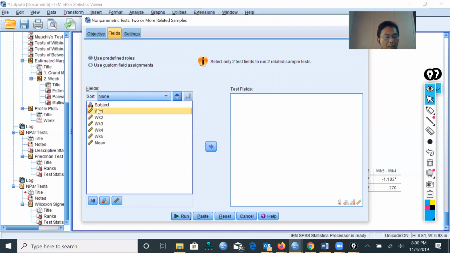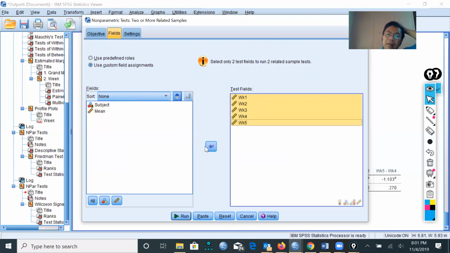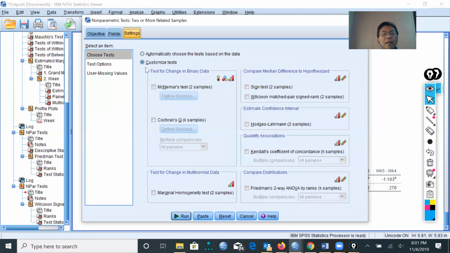And you do week 1 to week 5. Okay. All right. And then you go to Settings. Okay. Click Customize Tests. Click on Kendall's coefficient of concordance and all pairwise. And then you pick one.